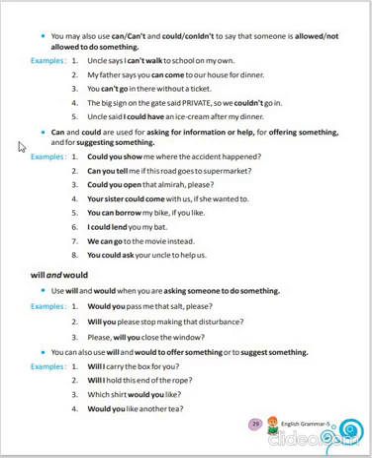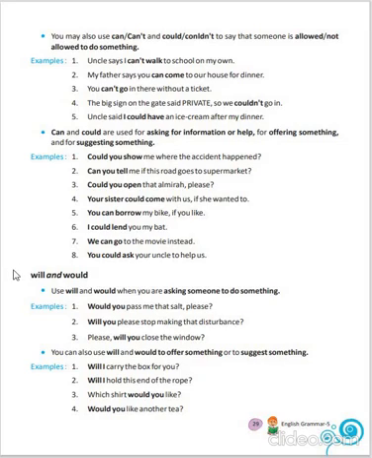Now, can or could are also used for asking for information or help, or for offering or suggesting something, like could you show me where the accident happened? Can you tell me if this road goes to the supermarket? So like this we also use can and could.